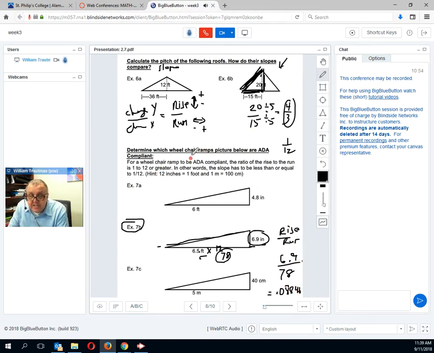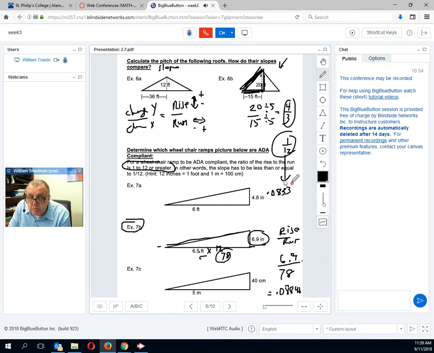It says the rise over run requirement is 1/12. So this is the requirement. Let's put 1/12 in our calculator. 1 divided by 12 is 0.0833.